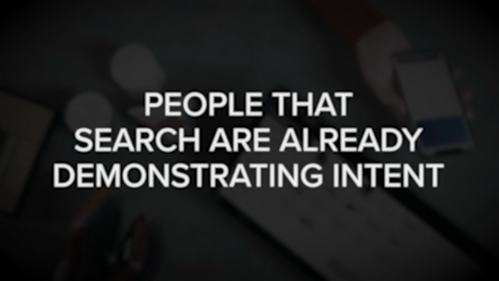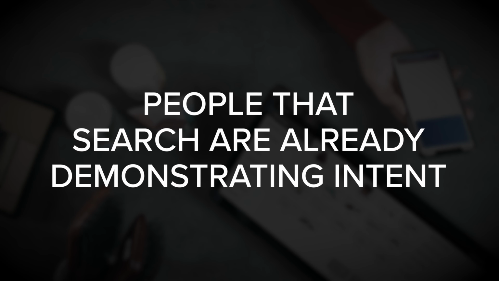And if there are clear phrases like this that tie right into your product, then advertising on Google is one of the most effective strategies because people that search are already demonstrating intent. They're already suggesting that they have an interest in finding some kind of a solution for their problem. And if your product happens to be that solution, then it's a pretty direct route to bring in prospects and try to convert them into customers.